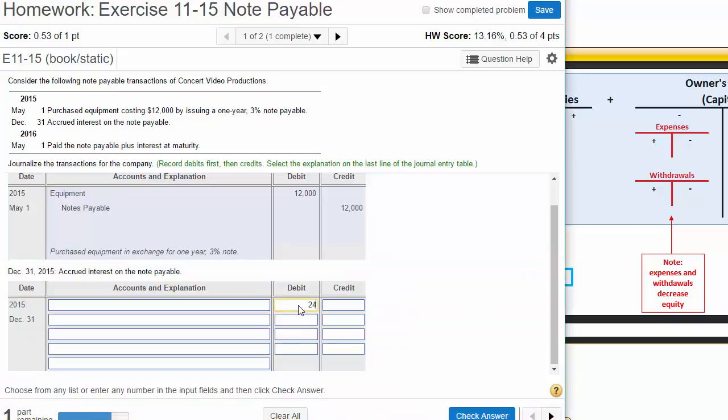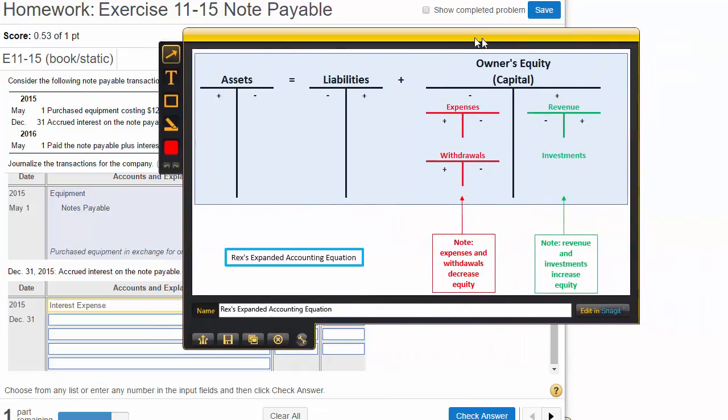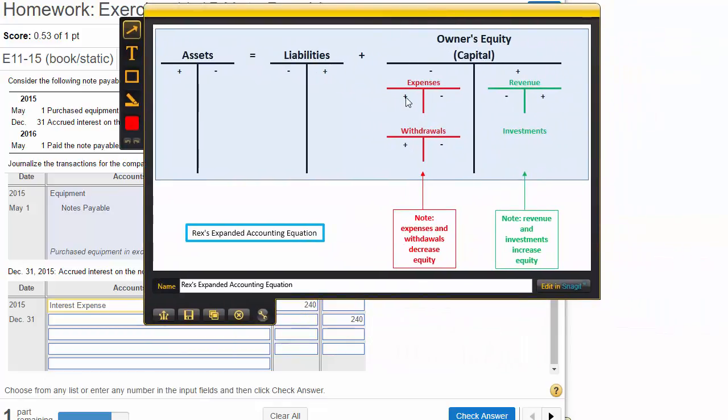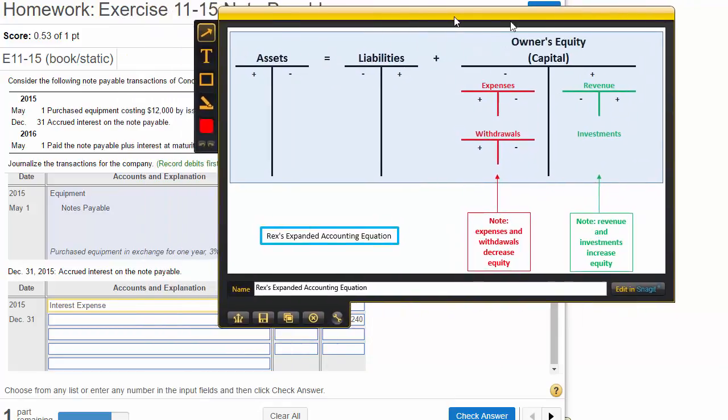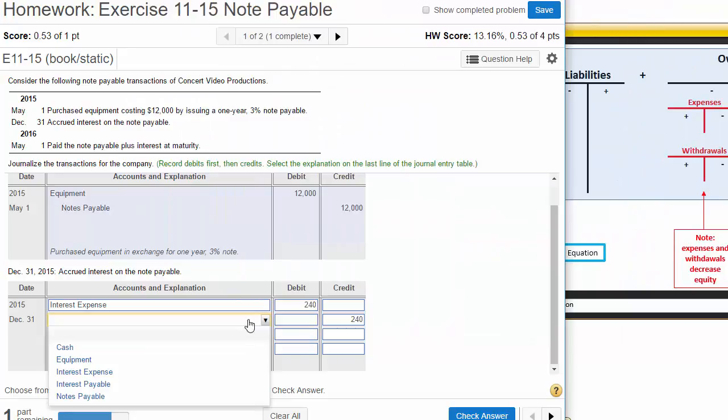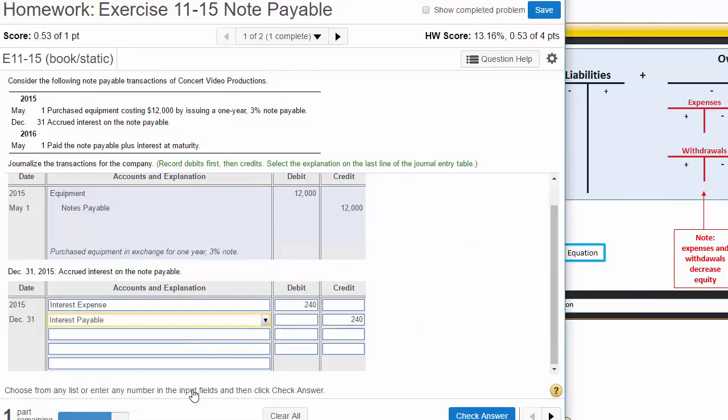And that gives us $240 of interest expense. Now this interest expense is increasing, and as you remember, expenses increase with a debit. And the other account is interest payable, because remember, we're not paying the interest yet, therefore we owe it. So this is called accruing interest expense at year end.